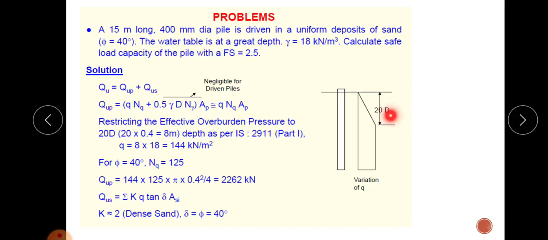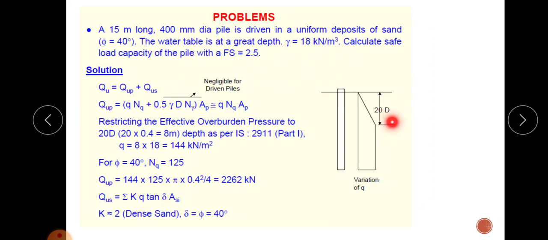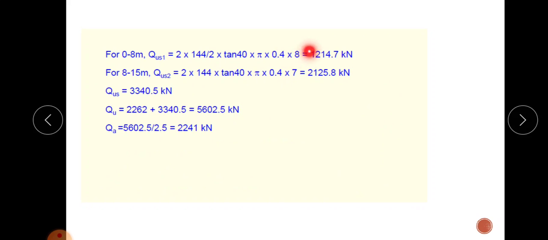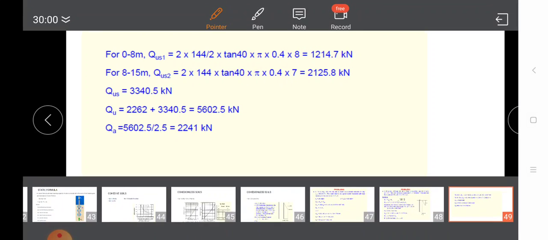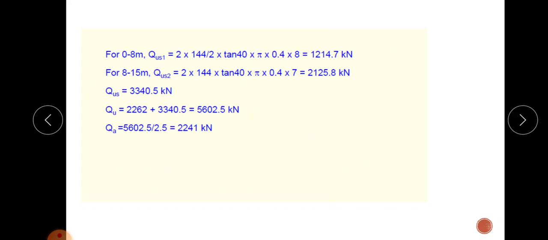Here there are two components, for 8 meters and for 7 meters. For 0 to 8 meters, QS is equal to K q tan delta into AS, where AS means pi into D into L. First we calculate for length 8 meters: pi D into L, tan 40, and the area of this portion, that is half into 144 into the height, so half into 2 into 144 by 2.